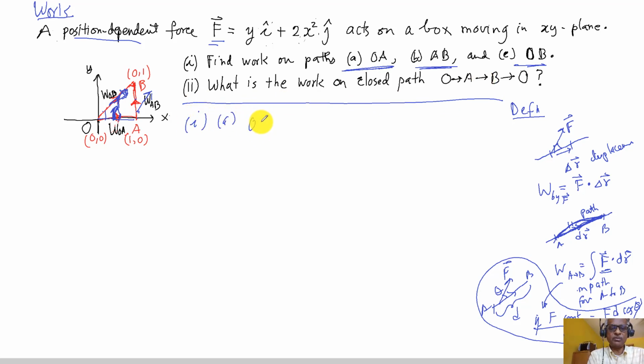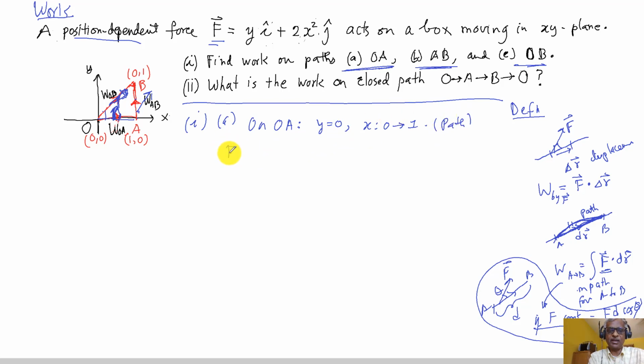Say on OA, we have y equal to 0, and x goes from 0 to 1. So this is the path. This is a description of the path.